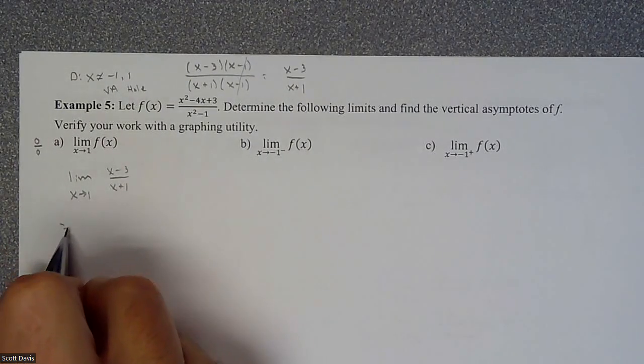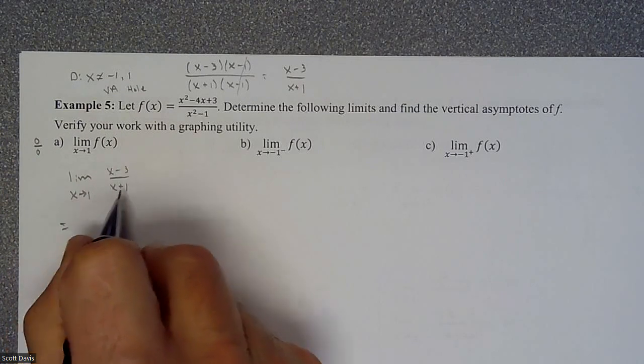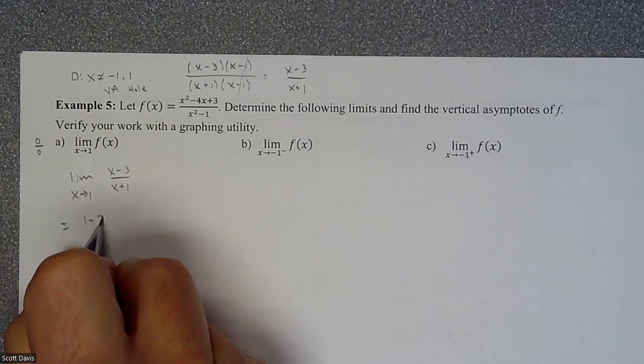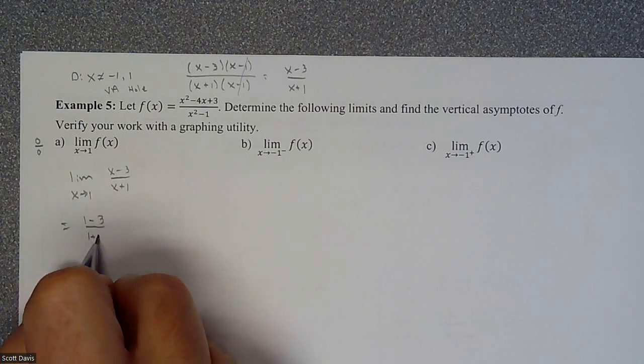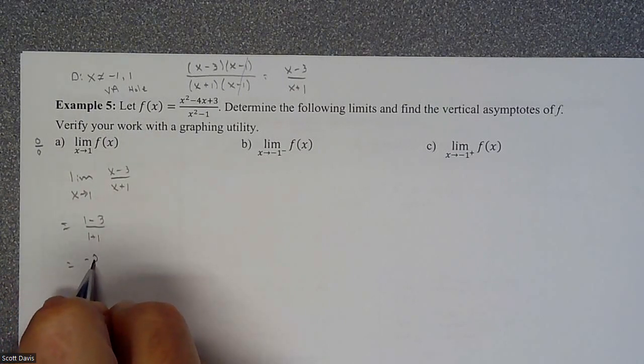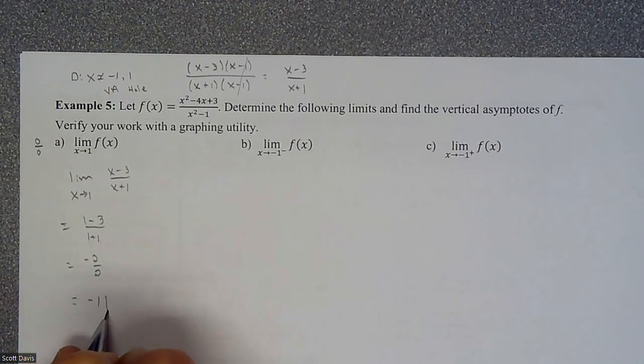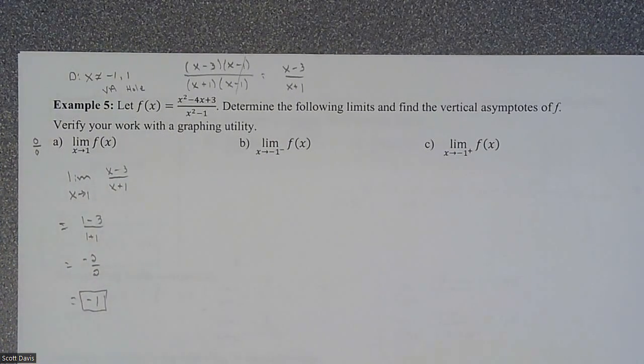Since 1 is okay to plug into this one, we have 1 minus 3 over 1 plus 1, which equals -2 over 2, which equals -1.